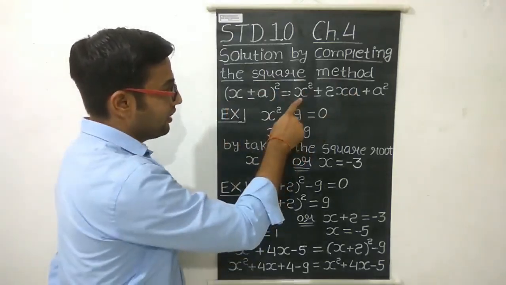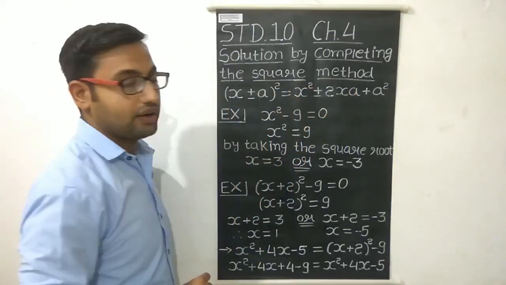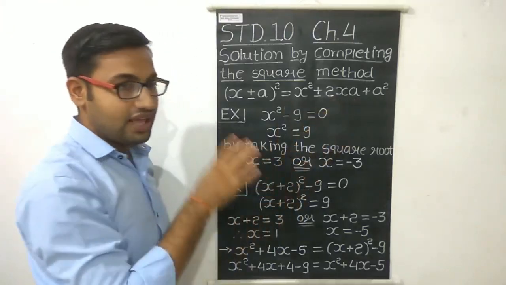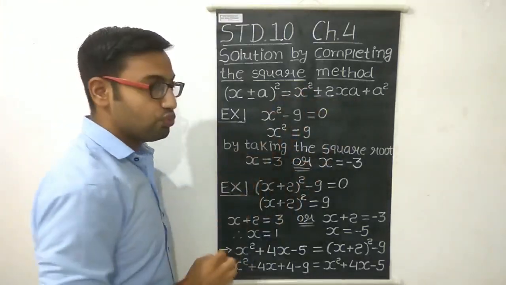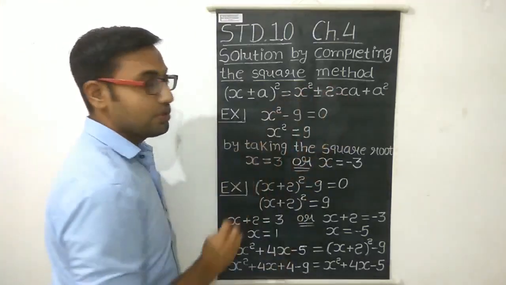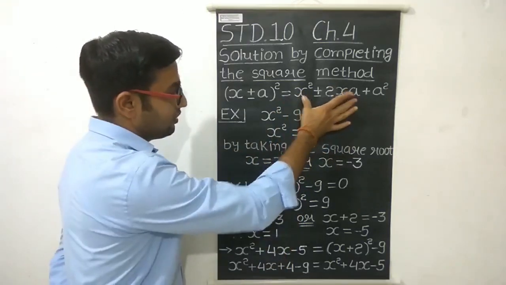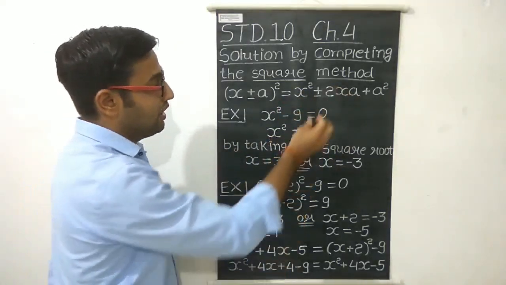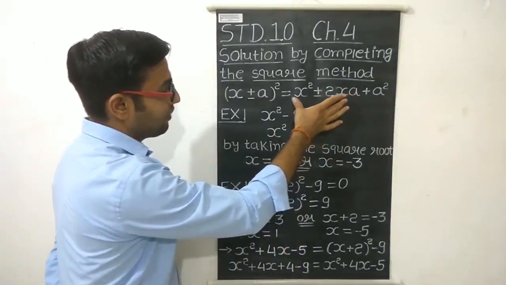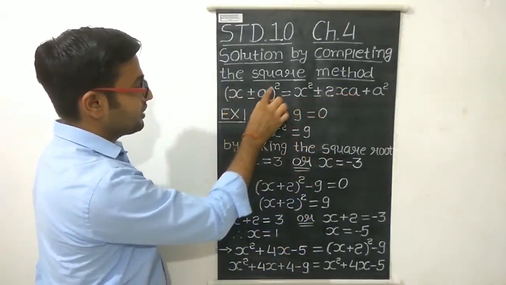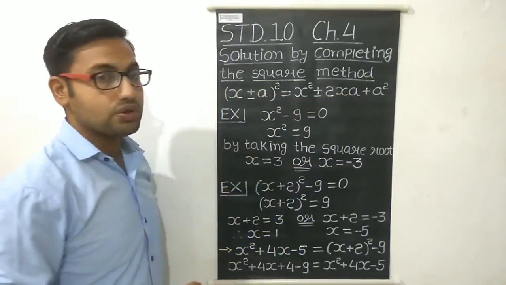And notice that here there is x square. Only one variable is there and the maximum power is 2. So this is a quadratic equation, and this is a quadratic expression, and its complete square we can write as (x + a) or (x - a) whole square.